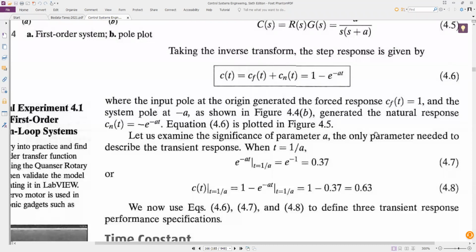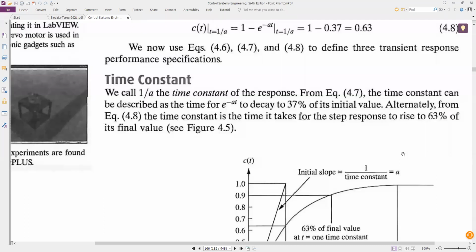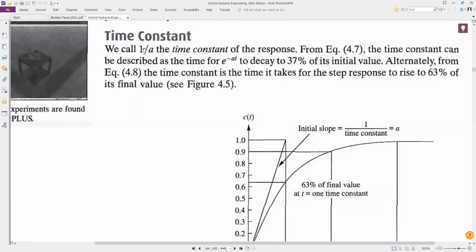Okay. So see equation 4.6, equation 4.7, and equation 4.8. Three things come here. 1 over a is known as the time constant of the response, and the time constant can be described as the time for e to the power minus a t to decay to 37% of its initial value.